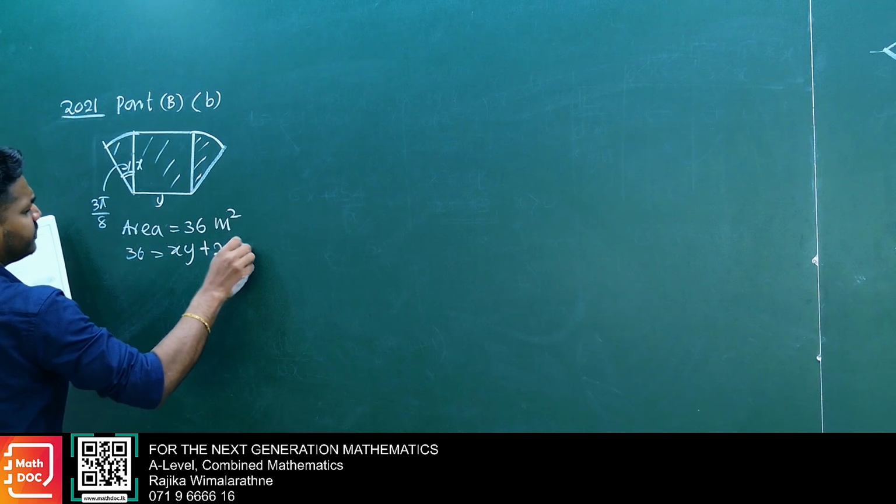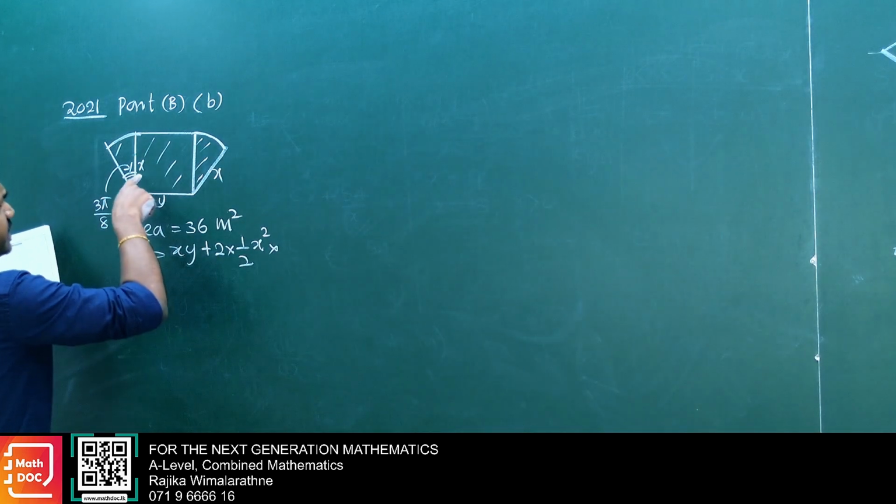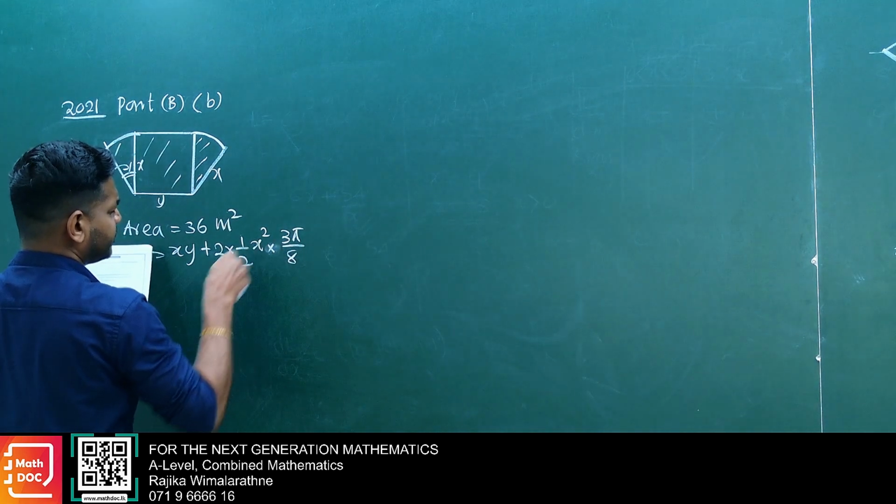2 times half r squared theta, where r means x and theta means 3 pi over 8.